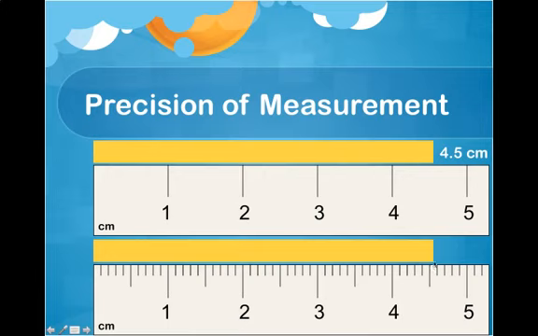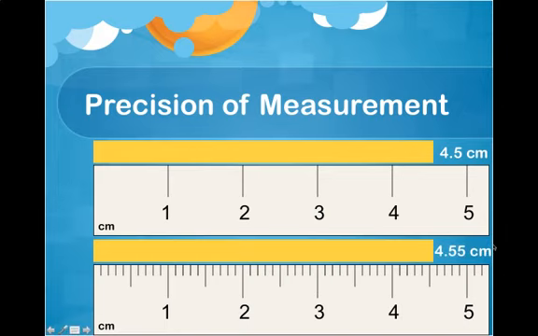And then, since this ruler reads to the tenths place, our estimated digit has to be to the hundredths place. So our final measurement is going to be 4.54, or I say 4.55 centimeters.